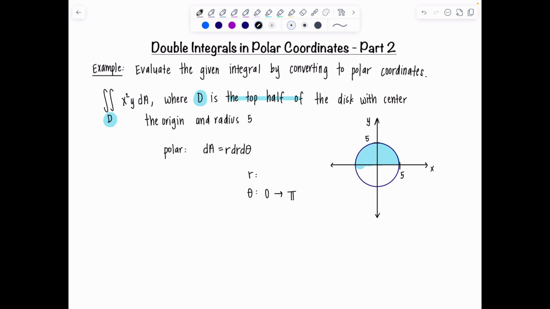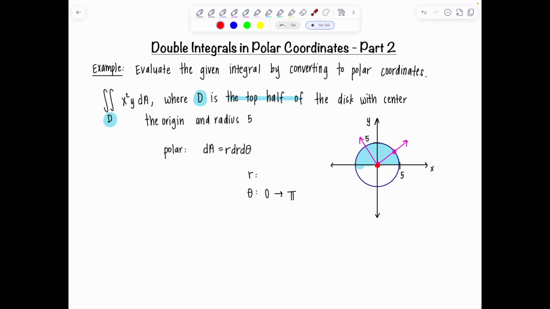Now the limits for r when you're in polar, here's the easiest, best way to do it. You start at the origin and you draw a ray outward, always outward, and it could be in any direction. Where that ray starts in the region is the lower bound, and where it exits is the upper bound. So what do I mean by that?